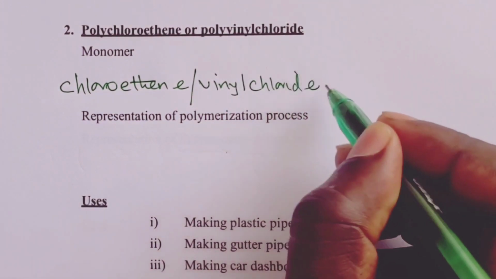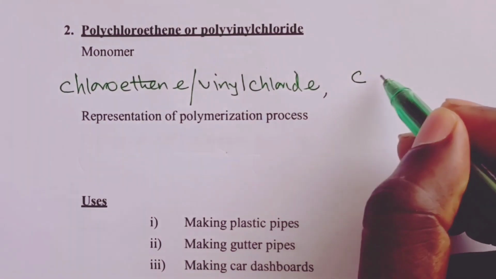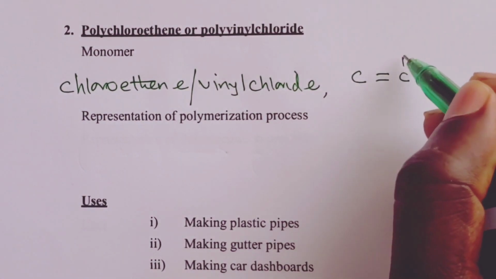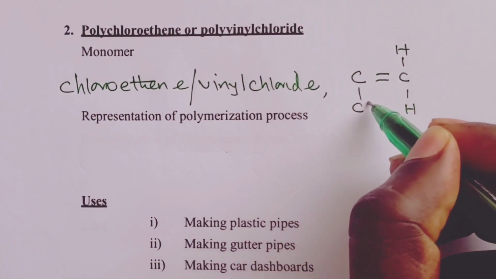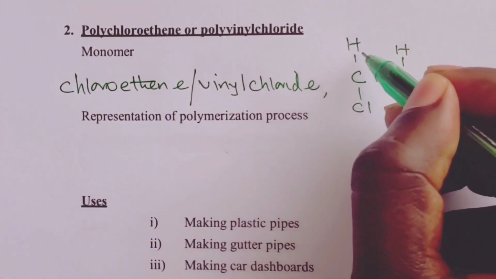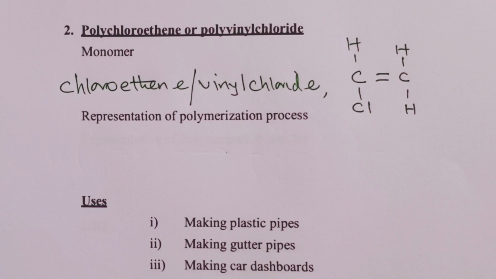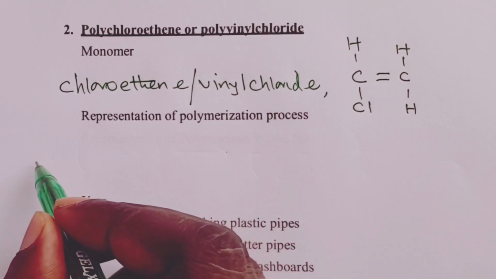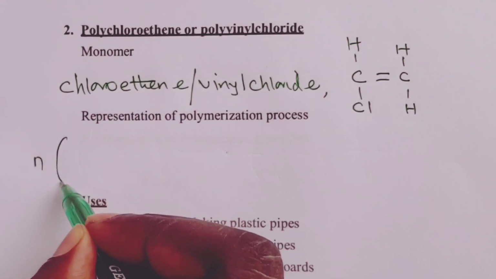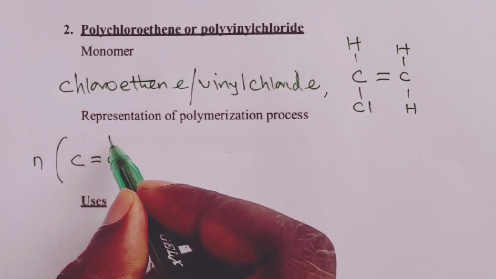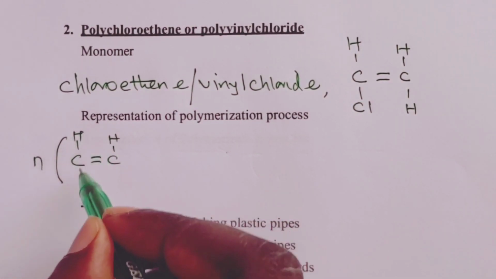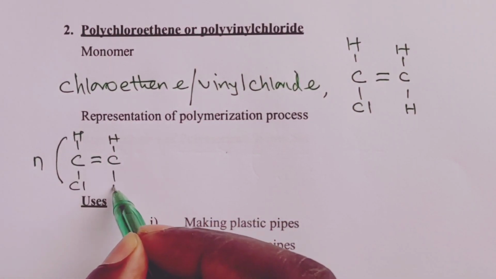So vinyl chloride has the structure C double bond C. We have hydrogen atoms, but then there's a chlorine atom on one of the carbons. That becomes chloroethene. Now, the polymerization process involves combining N molecules of our monomer to form our polymer.